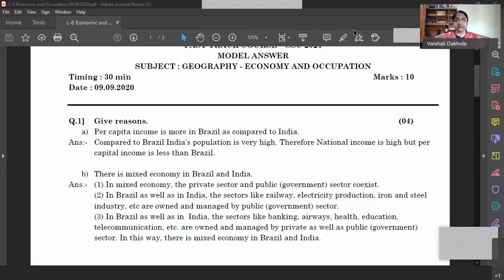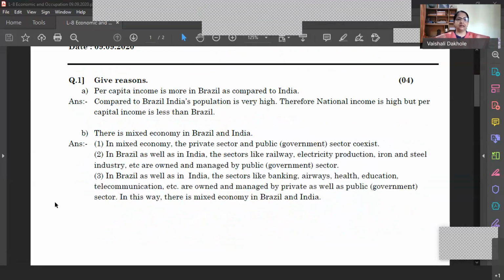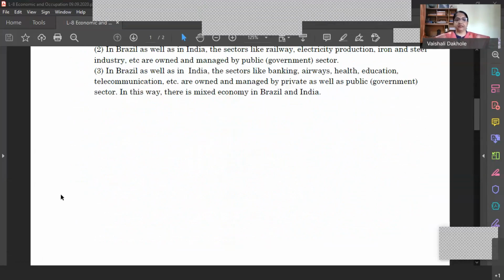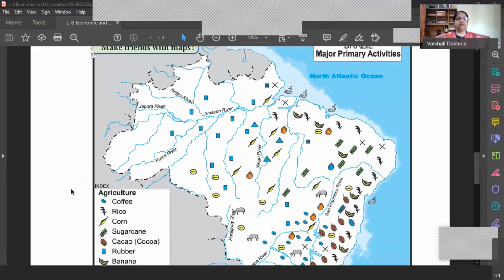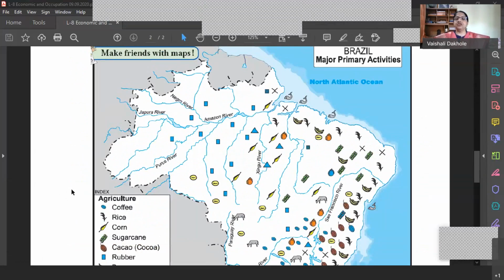But always remember one thing: in India, primary sector is the backbone of the economy, and in Brazil, tertiary sector is the backbone of the economy. Now let's see the next question, which is based on a map. The map of Brazil is given here to you, showing the major primary activities in Brazil.